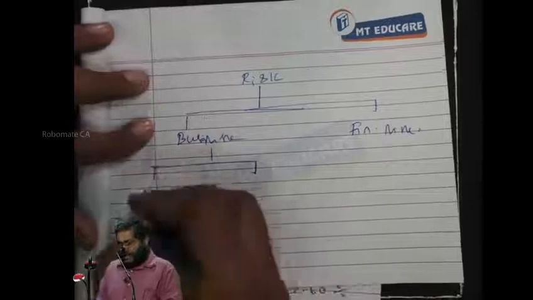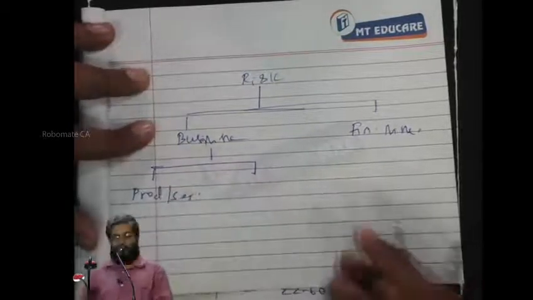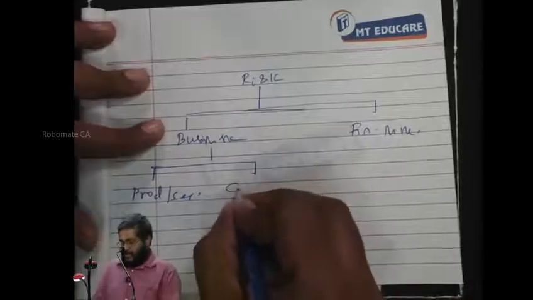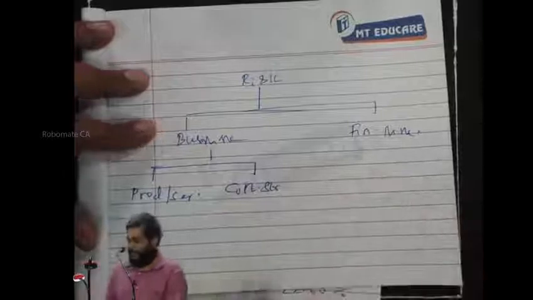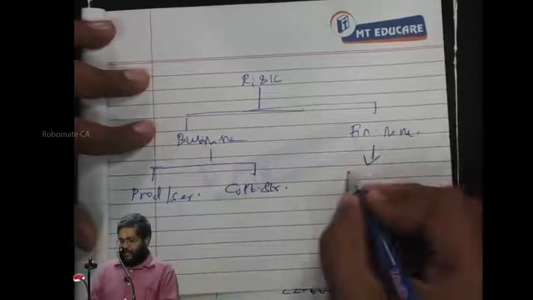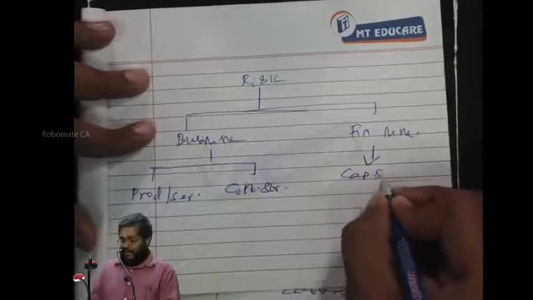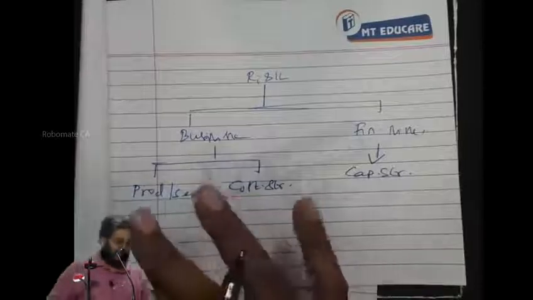One is the nature of product or services offered by the company. Number two is the cost structure of the company. When it comes to financial risk, it comes from use of debt. Simply put, the financial risk comes due to the capital structure of the company.